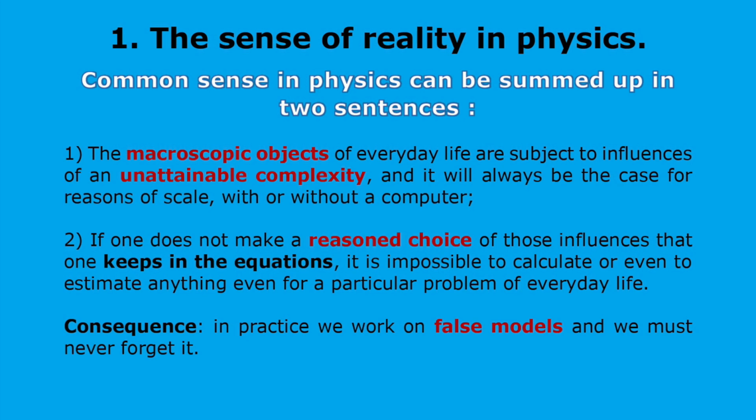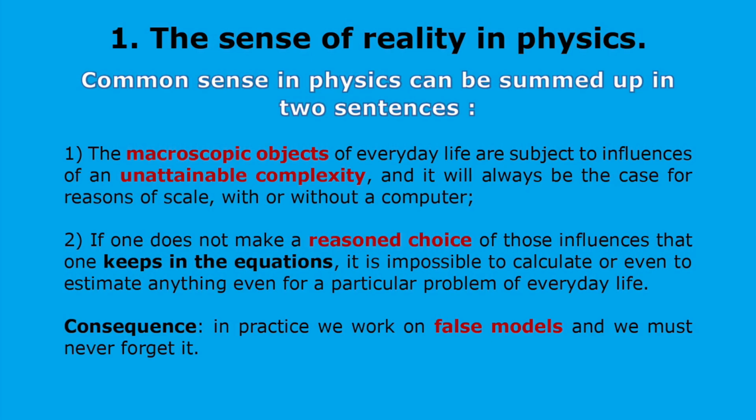Consequence, in practice, we work on false models and we must never forget it. The choice of the most effective model is linked to the consideration of the orders of magnitude, which makes it possible to compare the different influences governing the behavior of the system under study.